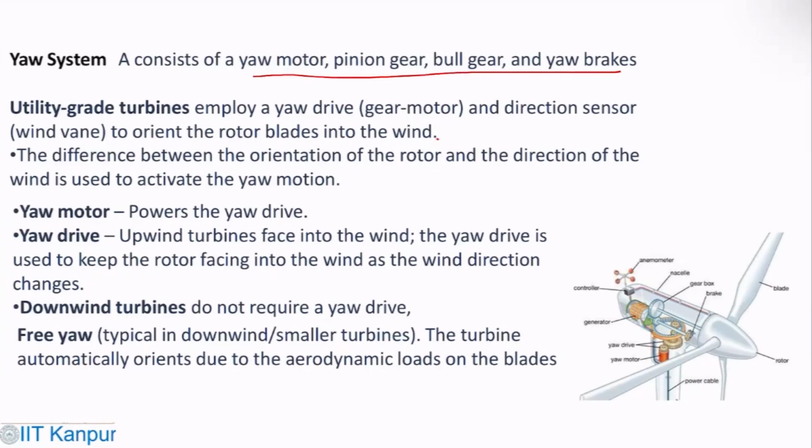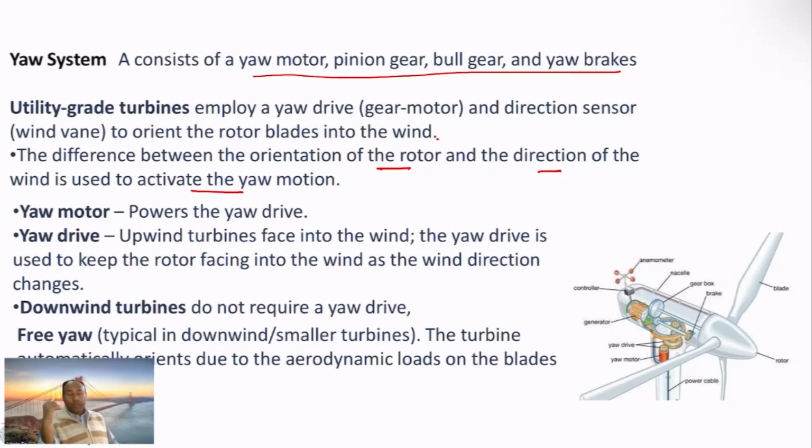The difference between the orientation of the rotor and the direction of the wind is used to activate the yaw motion. So the yaw motor powers the yaw drive, and the yaw drive keeps the upwind turbine facing into the wind as the wind direction changes.